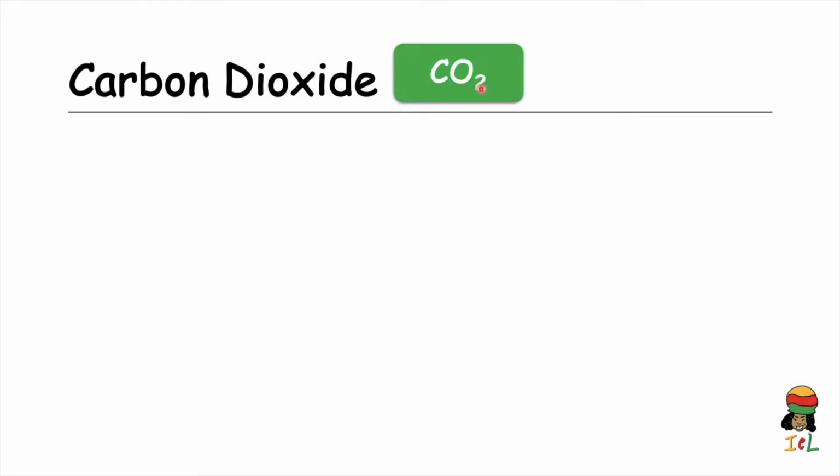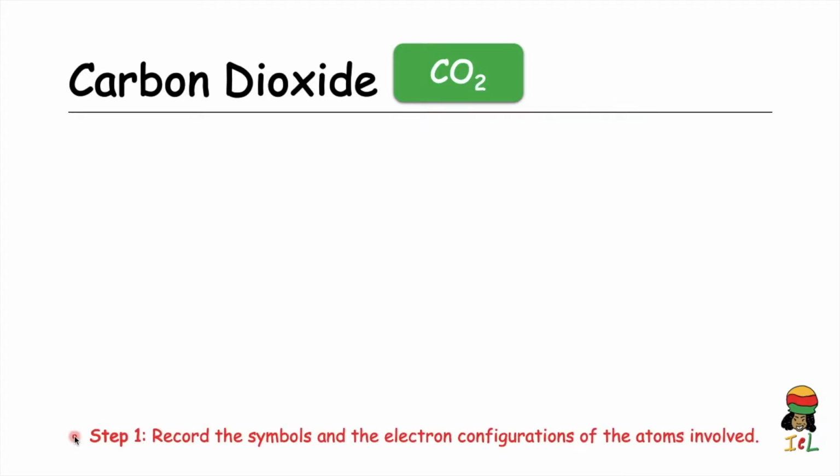When a covalent compound with more than 2 atoms bond together, we must first determine the central atom to which the other atoms will bond. Generally, the central atom is the atom in the least quantity. So in this case, for carbon dioxide, carbon will become the central atom to which the 2 oxygen atoms will bond. Step 1, record the symbols and electron configurations for the atoms.